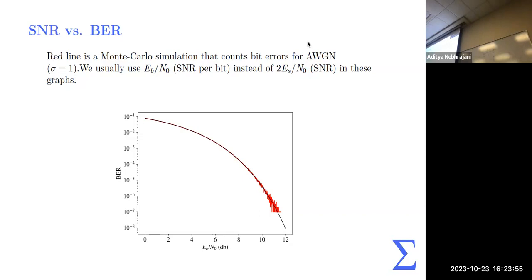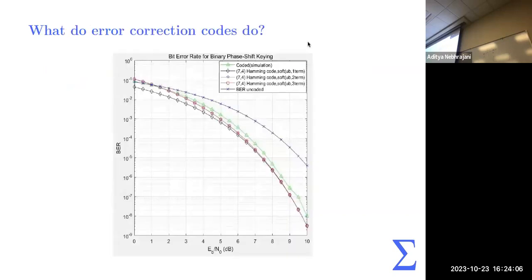So for instance, let's say you're trying to broadcast messages into space, saying just use more power doesn't always solve the problem. So what does an error correction code do to this graph? What it does is it shifts, so this is the uncoded thing, it shifts it inwards, right? Which is to say, at the same power, you're getting a lower bit error rate, or at the same signal to noise ratio.